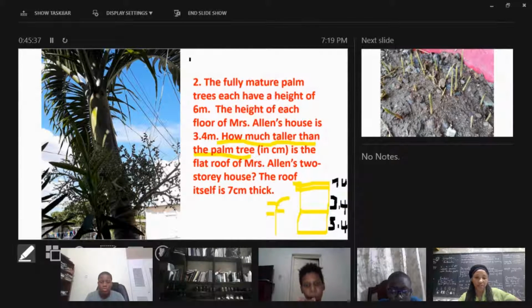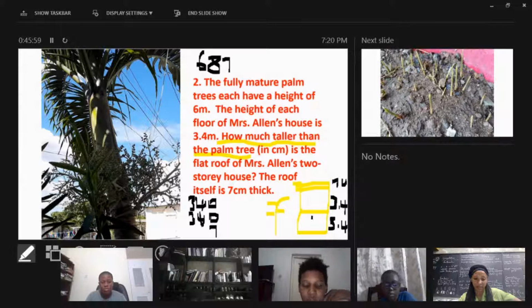So it would be the 340 plus 340, or 340 times 2, whichever way you want to do that part. 340 plus 340 plus the 7 for the roof, and that gives us 687. That's the height of the whole building from ground to roof. And the palm tree is 600 centimeters.